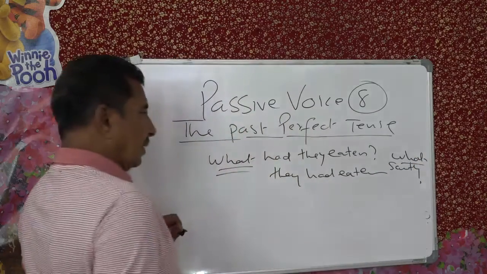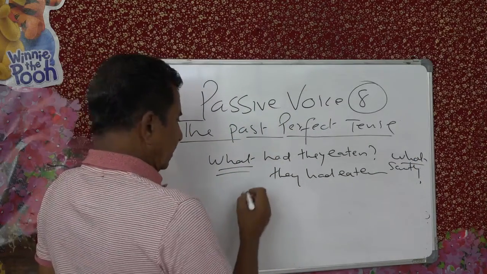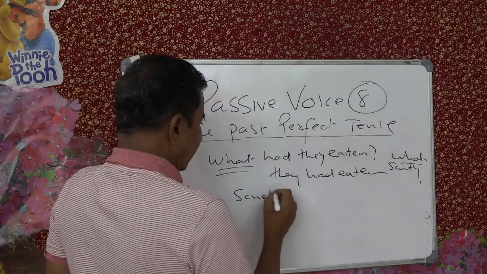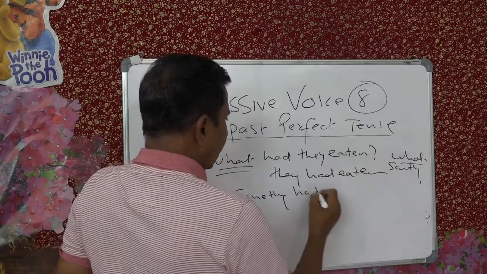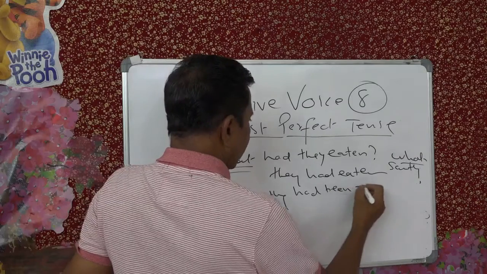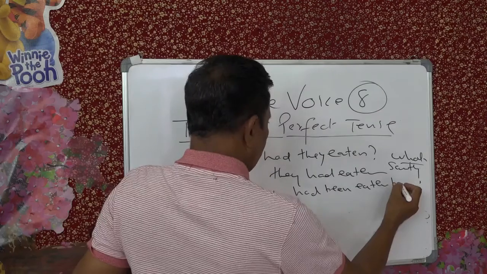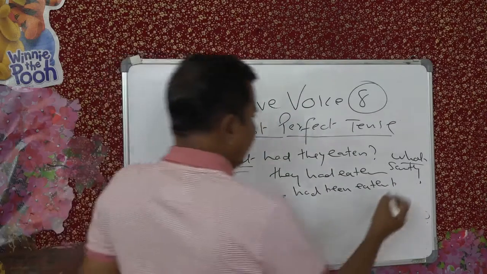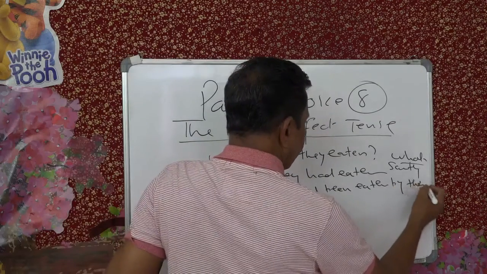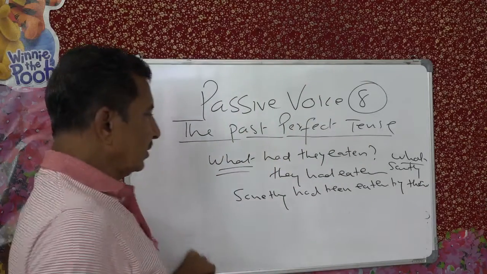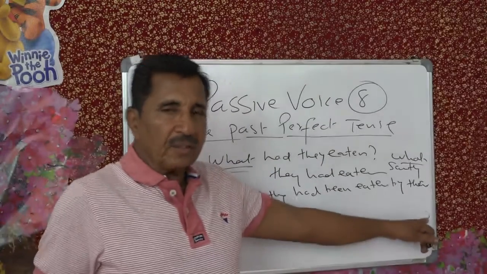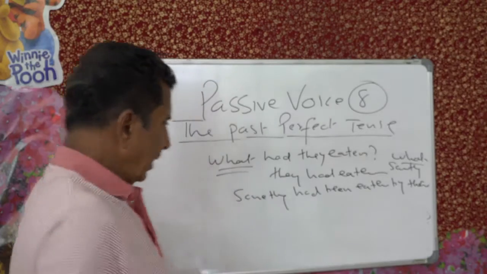The passive will be: something had been eaten by them. After the preposition we don't say "by they". It's an object of the preposition, so we say "by them".